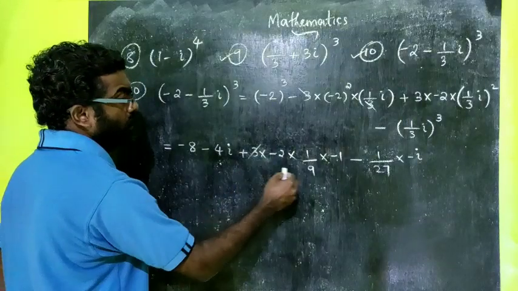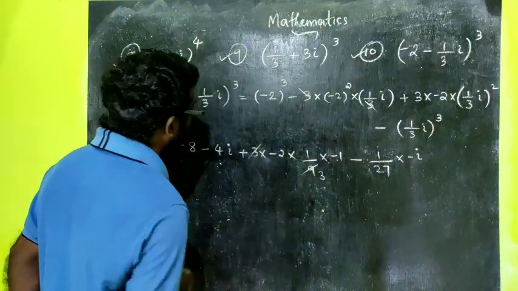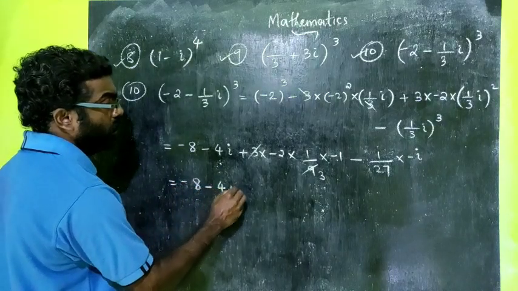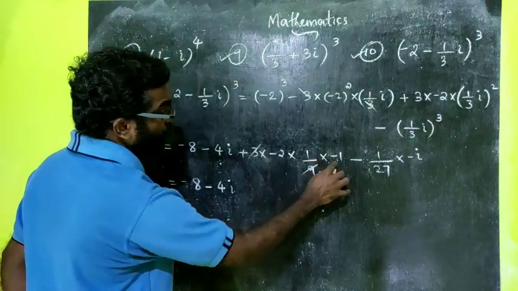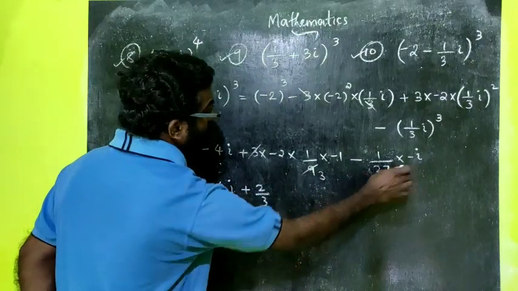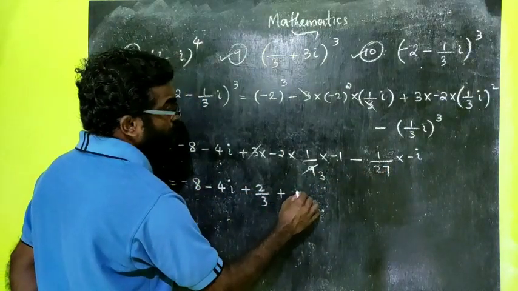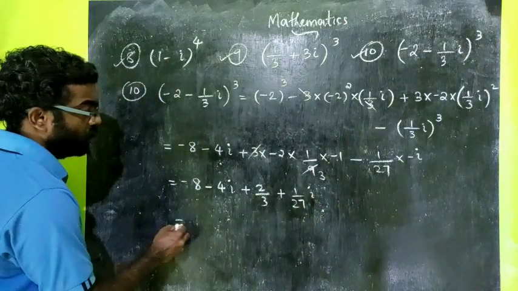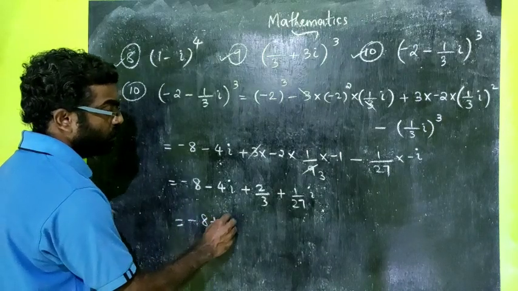Here we can cancel this 3 and 9, here 3. So we get minus 8 minus 4i, then minus into minus plus, plus 2 by 3. Here also minus into minus plus 1 by 27i. That is minus 8 plus 2 by 3.